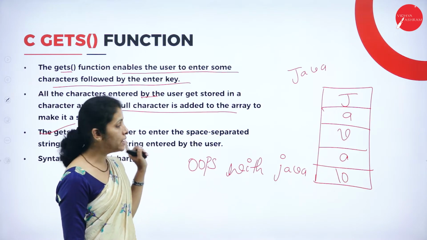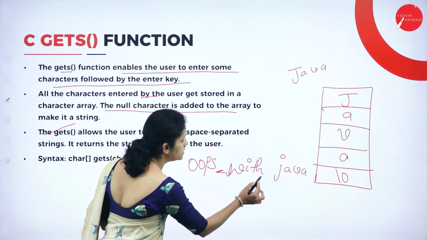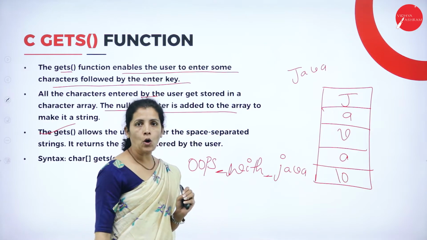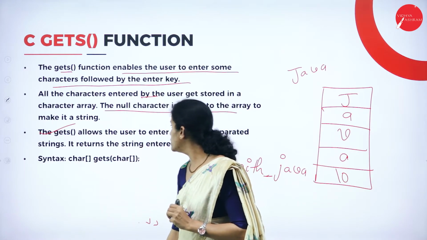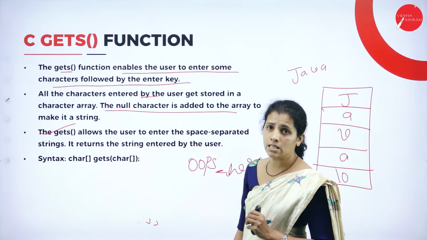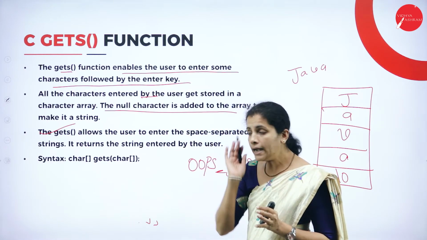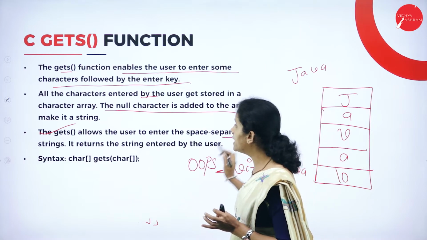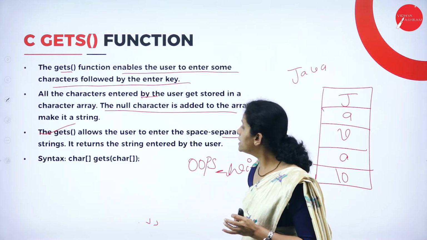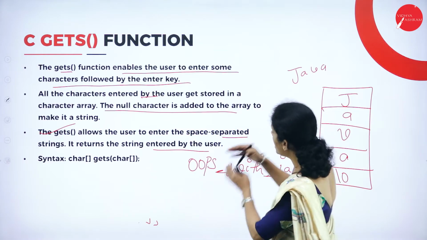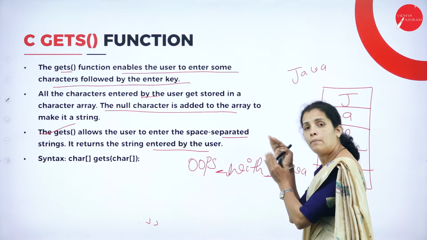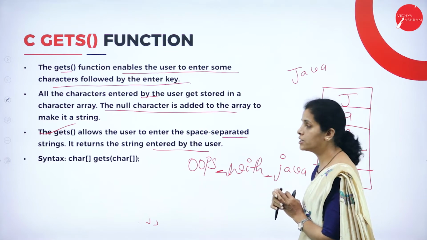In my gets function, I can consider white space also. So the user can enter space separated strings, and it returns the string entered by the user, and the same output I'm going to get by using the puts function.